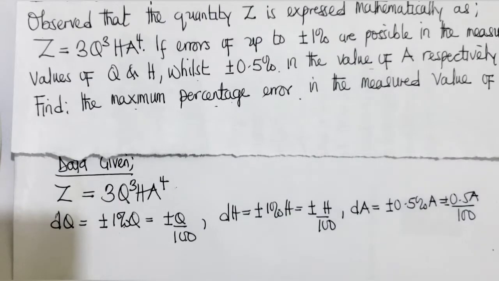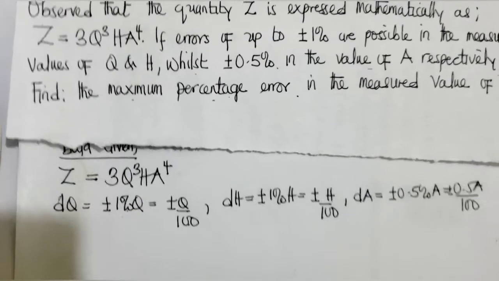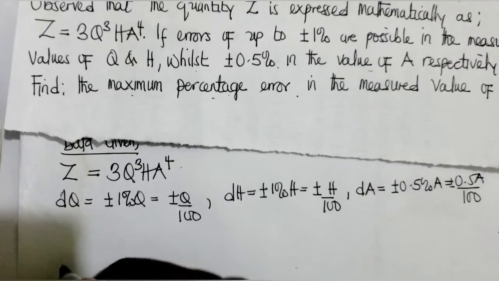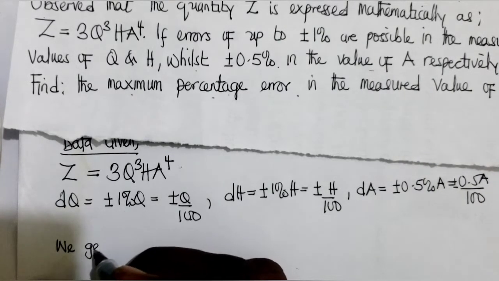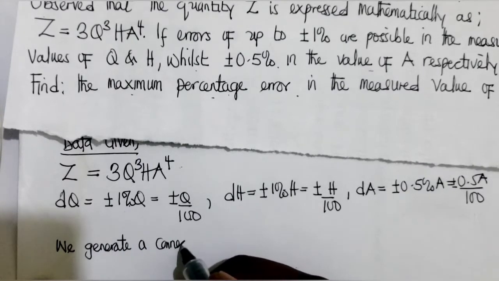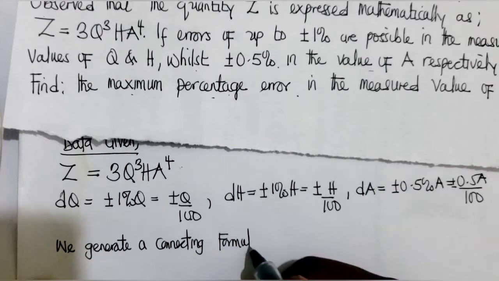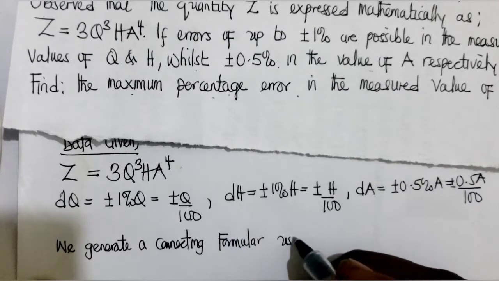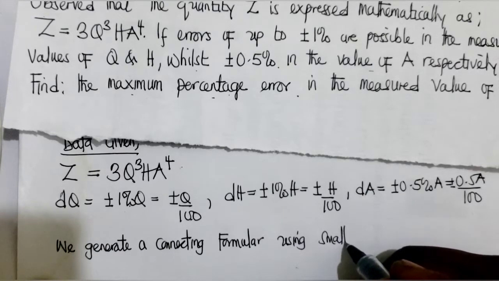Now we want to find the maximum percentage error in Z. So we generate a connecting formula using small increment error, since it is expressed in percentage.